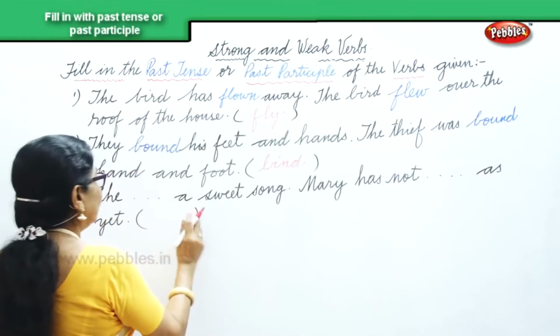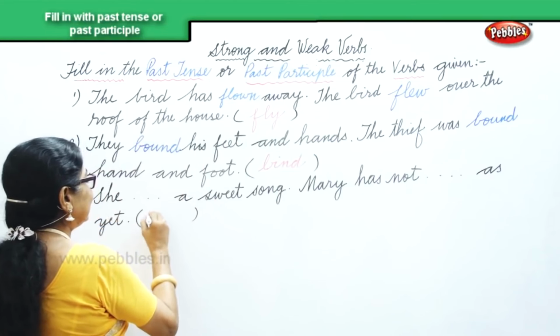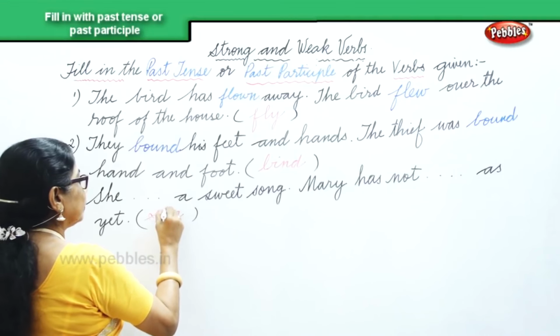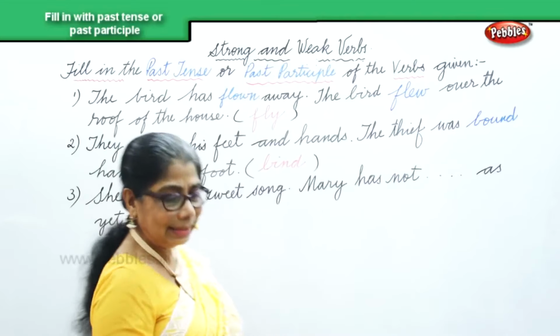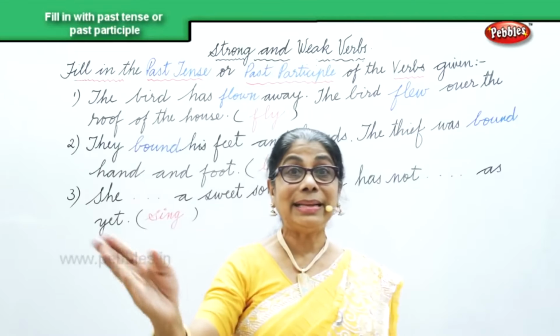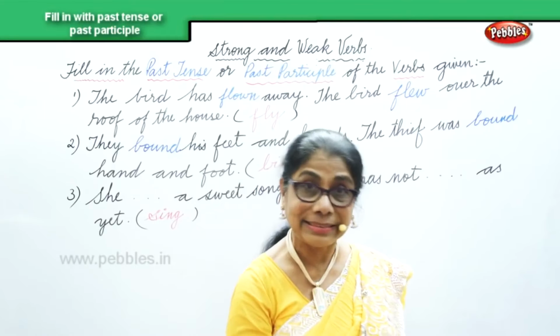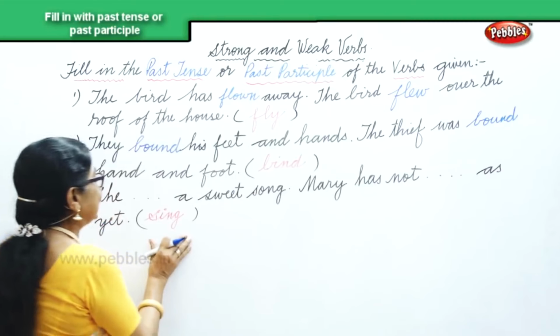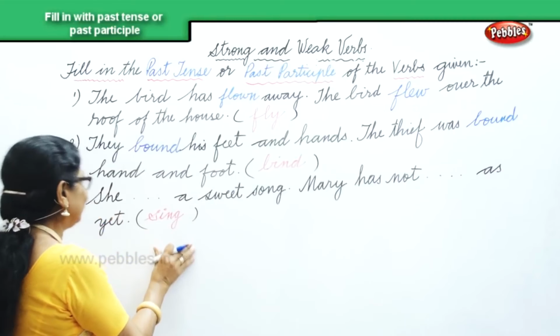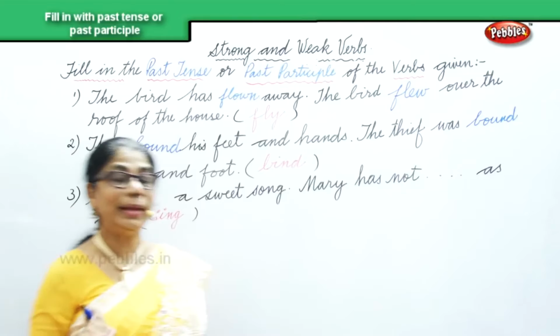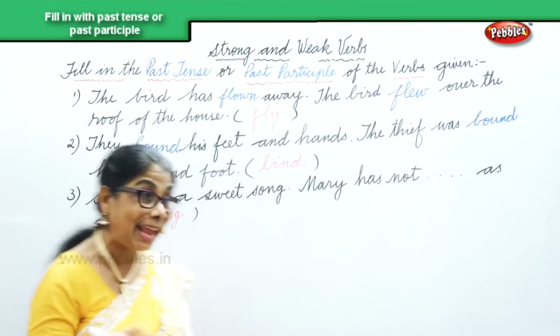What is the verb given? Sing. Past tense, sang, sung. Sing, sang, sung. Now she dash a sweet song. So she sang.